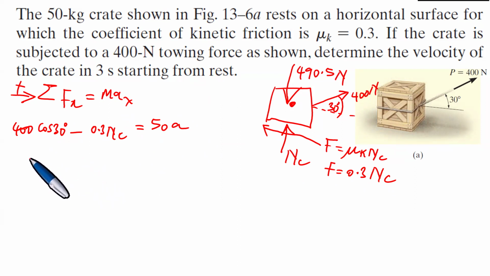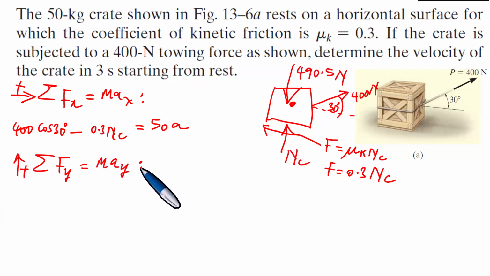This has to do with the horizontal motion in the direction of the applied 400 Newton force. Simultaneously, there is an upward force, which we choose as positive, and it is the summation of F y, which is the same as m a y.